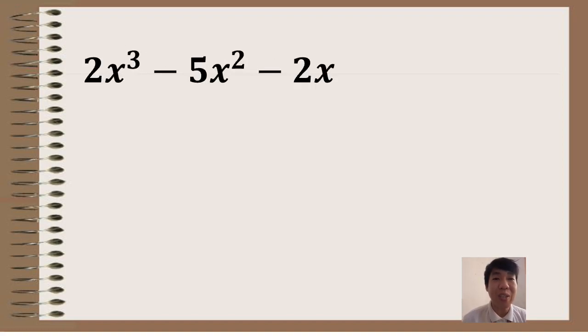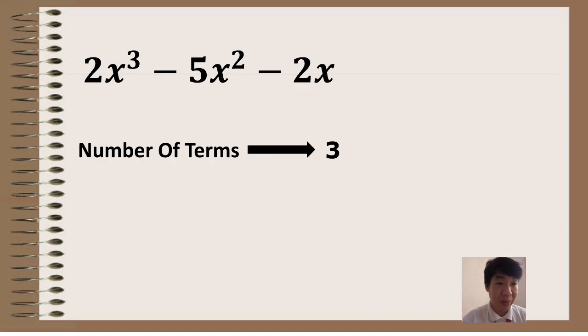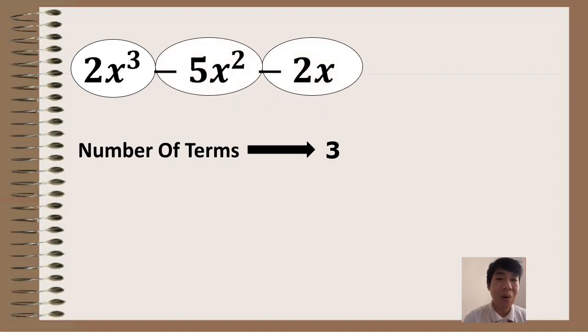Our first algebraic expression given is 2x cubed minus 5x squared minus 2x. As we can see, the number of terms is 3. 1, 2, 3. So, when the number of terms is 3, we can classify it as a trinomial.